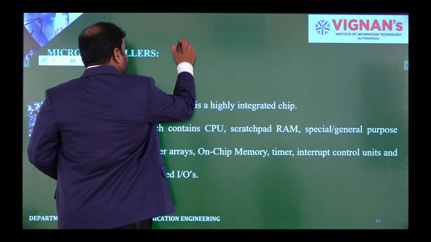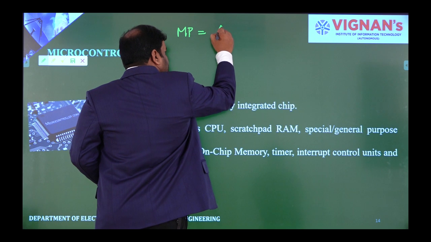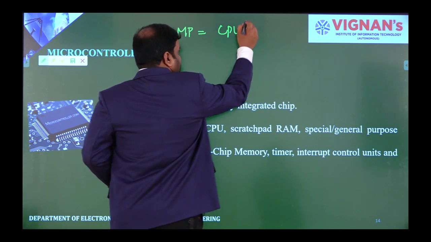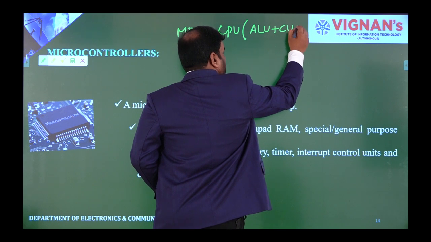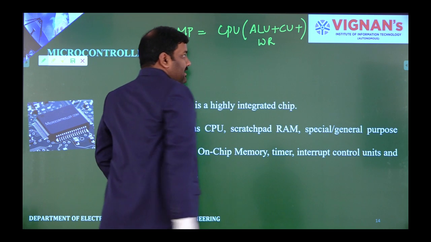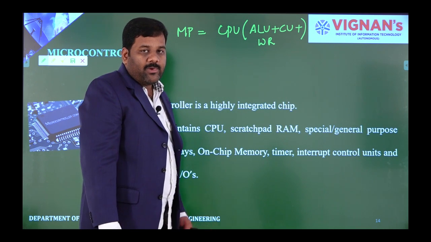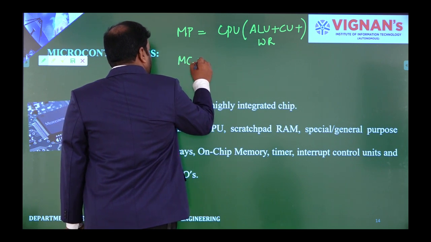For example, if it is a microprocessor, I have a CPU, which consists of the ALU, control unit and working registers. These are the components available with our microprocessors. But now we come to microcontrollers.